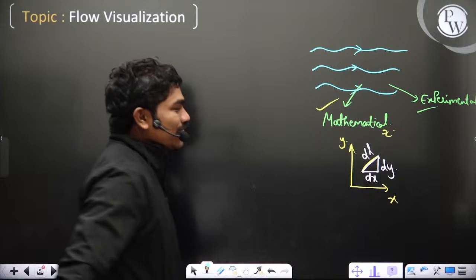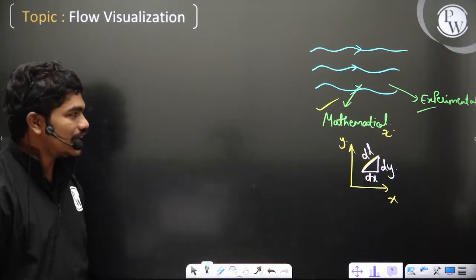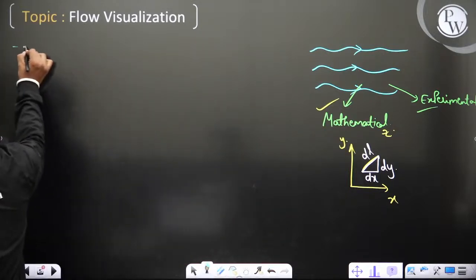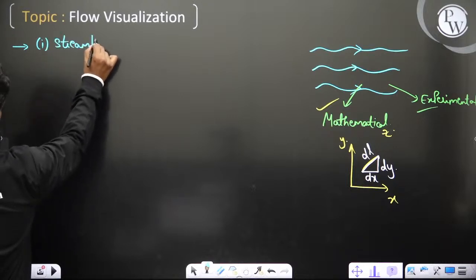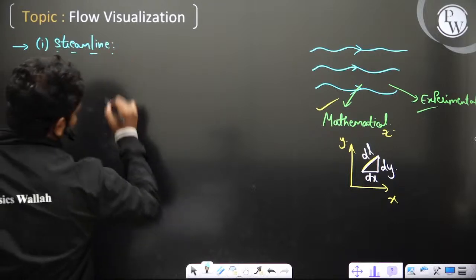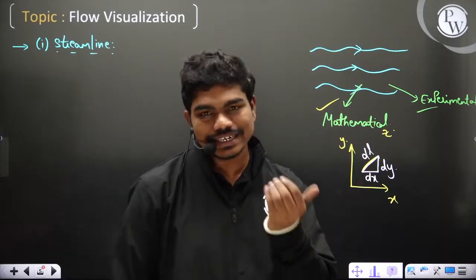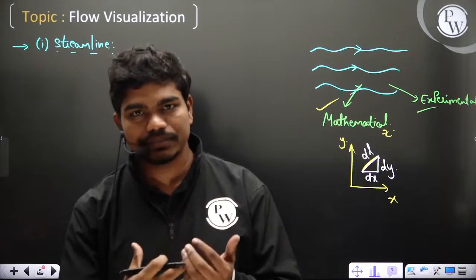Good. Okay, so dx, dy and dl. Now tell me one thing. The first technique that we generally use is the streamlines. Streamlines physically do not exist in the flow. It's a hypothetical concept to understand the flow.